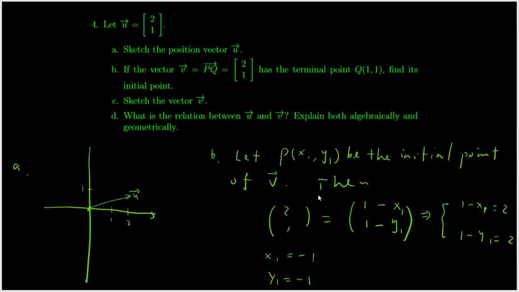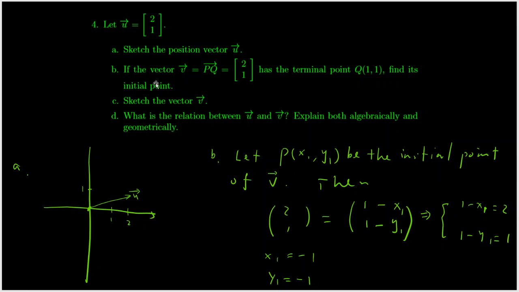Yeah, sorry. That would make it 2, wouldn't it? I think I copied something wrong. The second equation here should be 1 minus y1 equals 1. Is that right? So y1 is equal to 0.